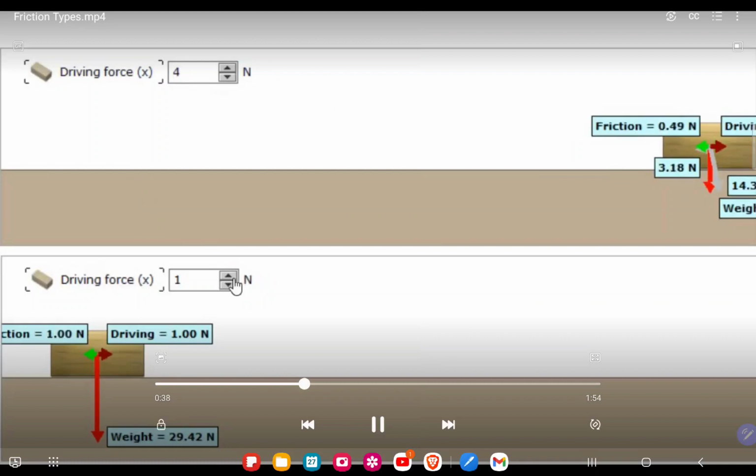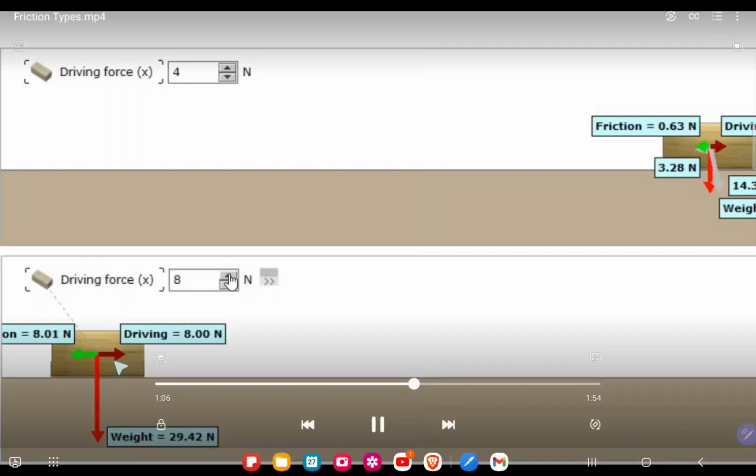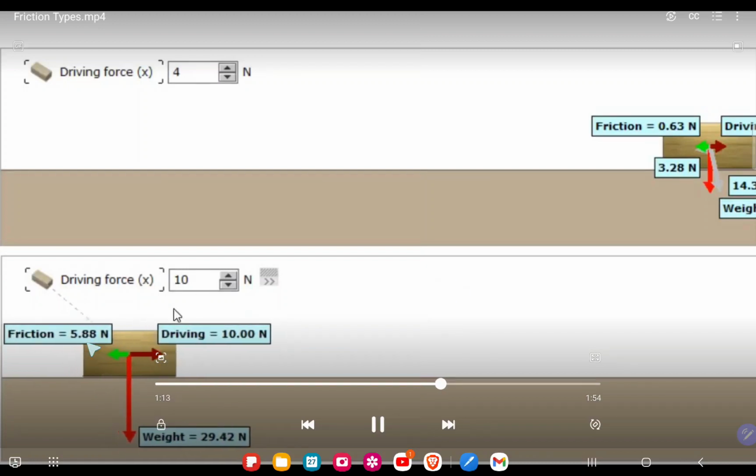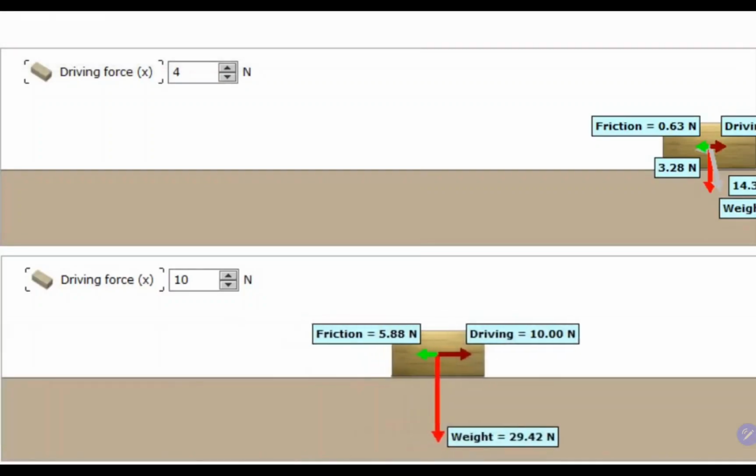In the second case here, the weight for the second object is greater, so the mass is different. We keep increasing the driving force until we break the barrier. The barrier is to break the static friction and change it into a kinetic friction. We still keep increasing the driving force until it reaches almost 9 here. After that, it turns into kinetic friction, as we can see here.